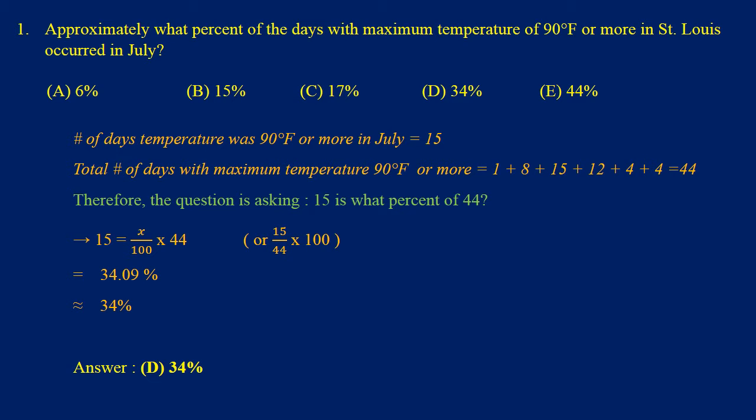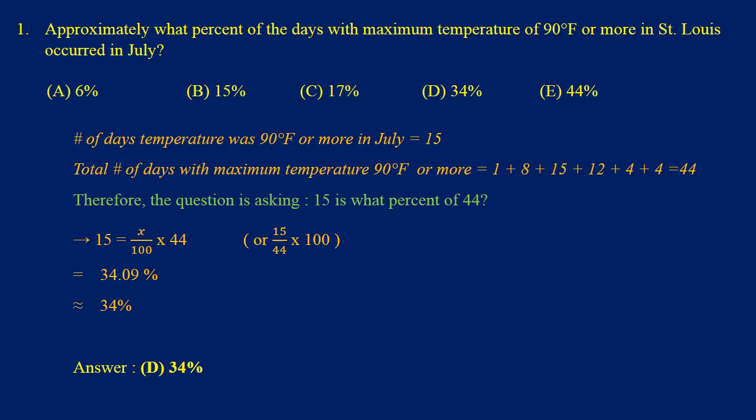The number of days that the temperature was 90 degrees Fahrenheit or more in July in St. Louis is 15. And the total number of days with maximum temperature 90 degrees Fahrenheit or more is 44, right? Therefore, the question is asking 15 is what percent of 44?